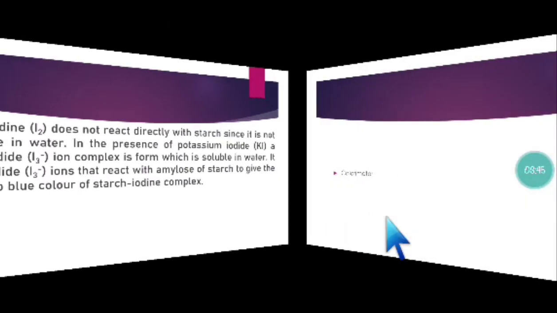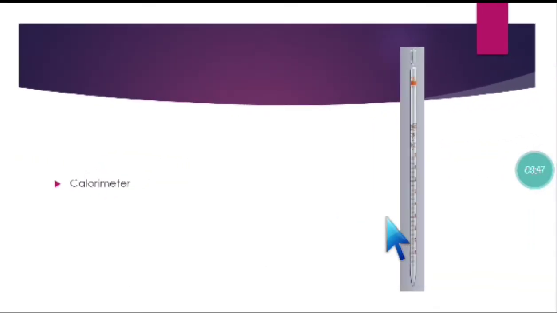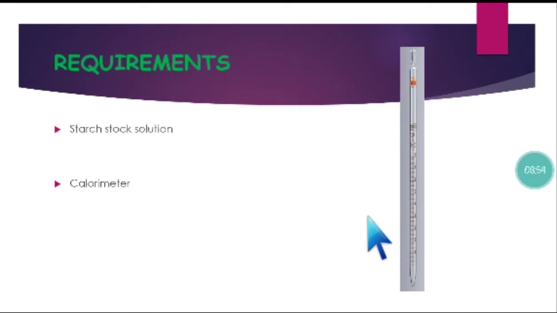So coming to the requirements for this experiment, the first thing that we need is the starch solution. Then we need the I2-KI reagent, the glasswares and pipettes, and also the photocalorimeter for taking the absorbance reading, that is, for measurement of the optical density of the starch solutions.